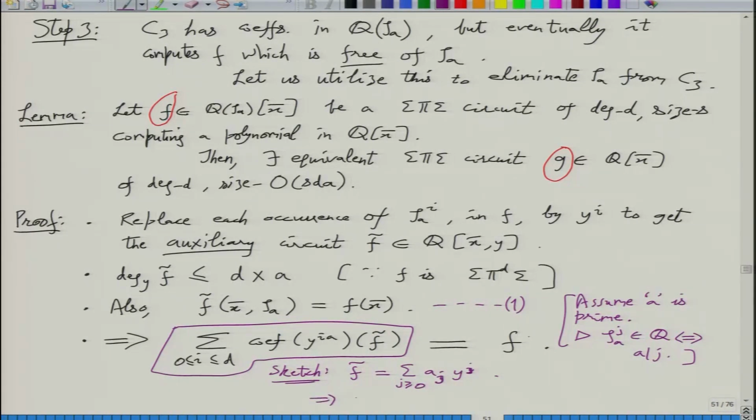So by equation 1, this second equation, equation 2, is true.